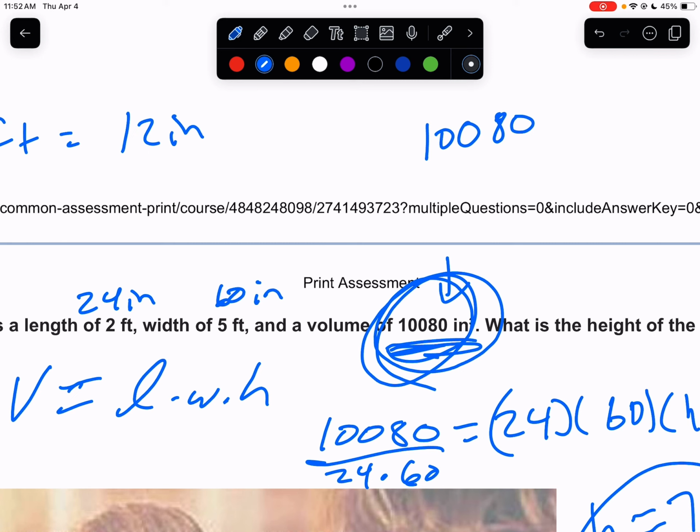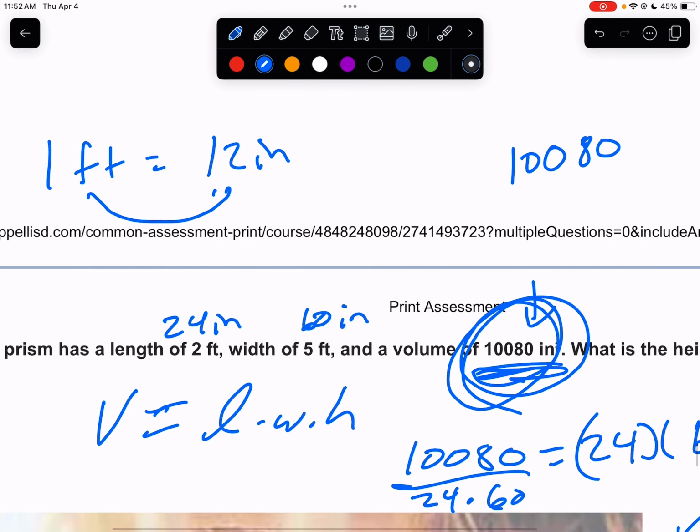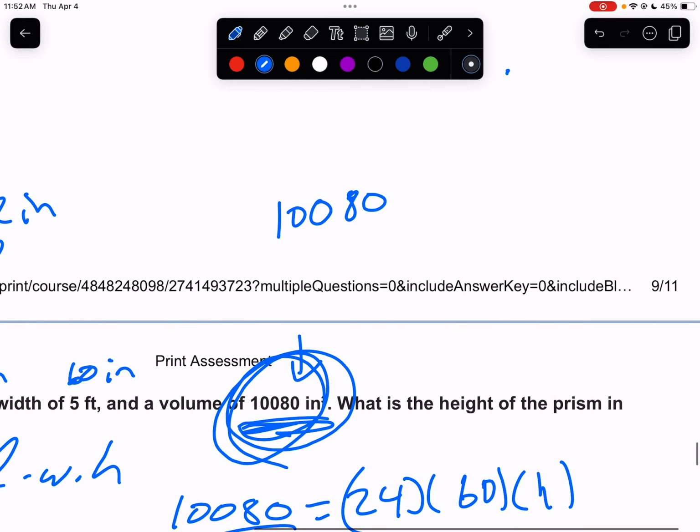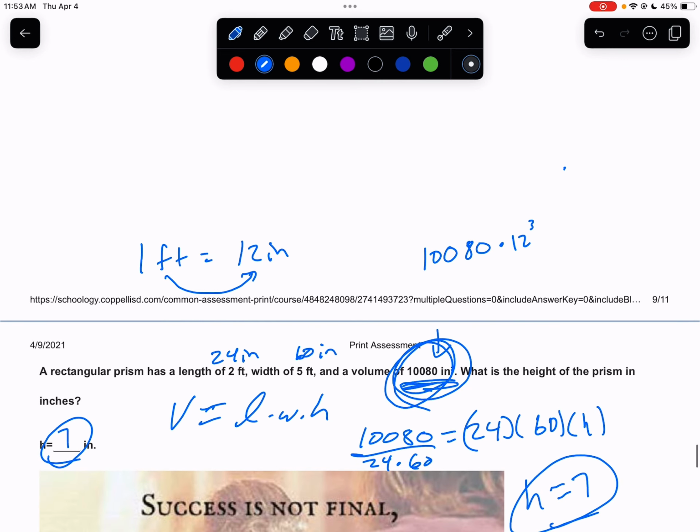What would you have to do? If normally feet to inches is times 12, you would have to do times 12 cubed. And most people don't remember to do that. Oh, sorry, that's inches. We're going the other way. In inches, you'd have to divide by 12 cubed, right? To go from inches to feet, you'd have to divide by 12. Most people just divide by 12 when you need to divide by 12 cubed when you're working with volume. And since this was already in volume, that's what you would have to do. That would be hard to pull off for a lot of people.